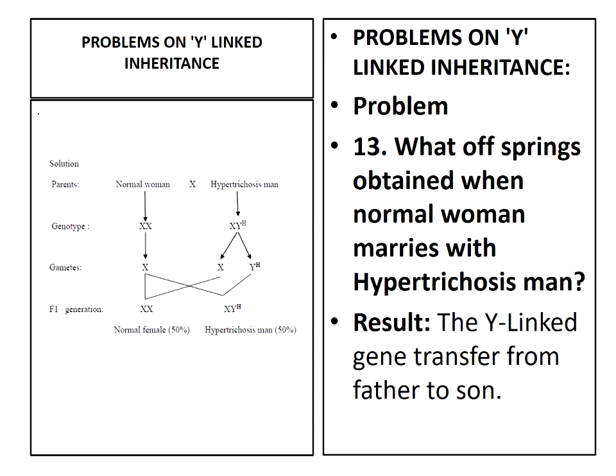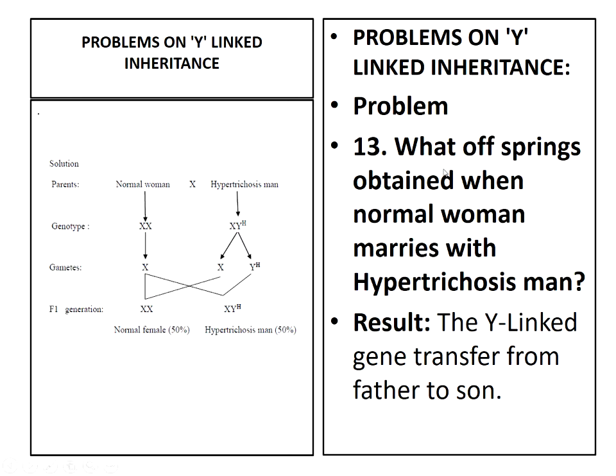It is characterized by the presence of stiff hairs on the surface of the earlobe. You might have observed some males with hairs on the ear. So it is hypertrichosis.